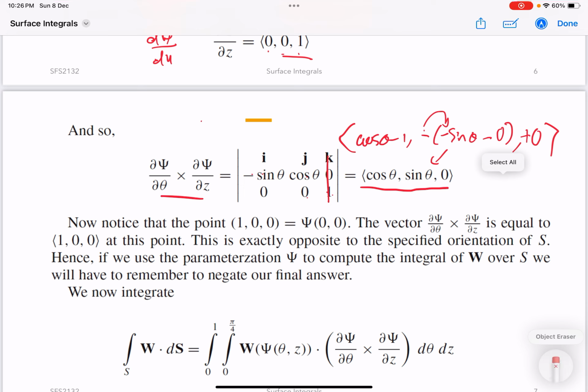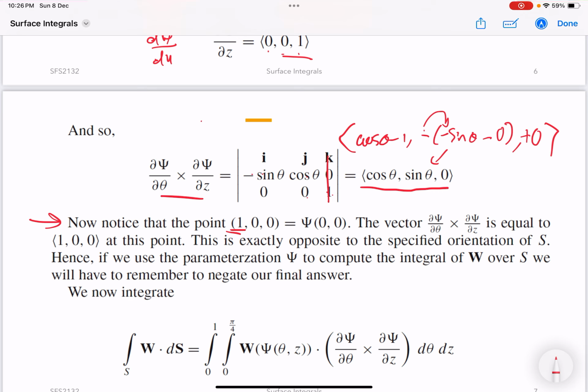Now we need to test, same as the previous one. When we do a line integral, we also check the orientation. For a surface integral, we are supposed to check the vector direction.